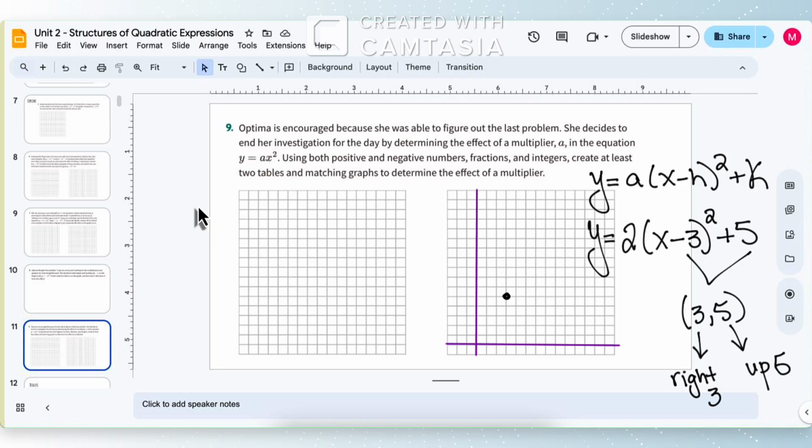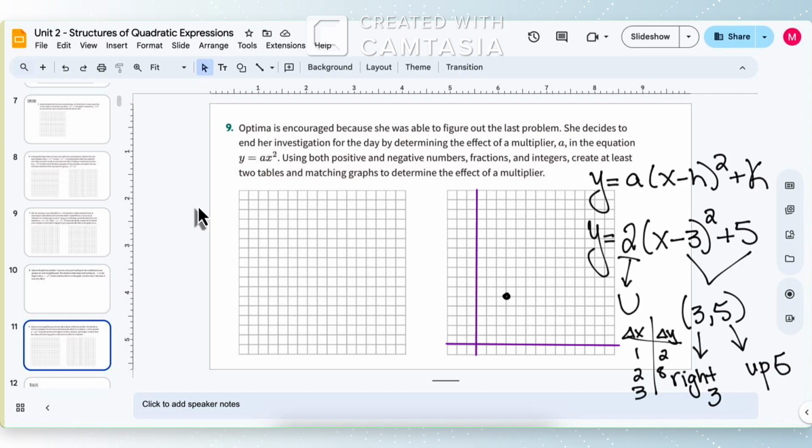And then from there, I've got my slope counts of 2. So it's a positive 2, and then I'm going over 1 in terms of my change in x and change in y. And these are from the vertex, right? Usually I go over 1 up 1, but I'm going to go over 1 up 2. Usually I go over 2 up 4, but I'm going to go over 2 up 8.